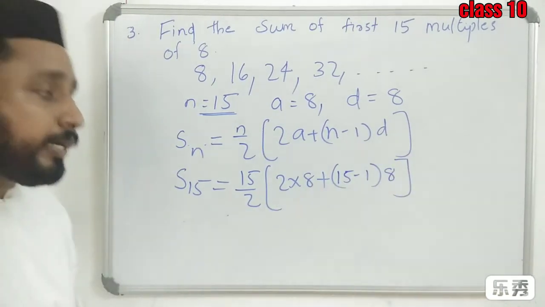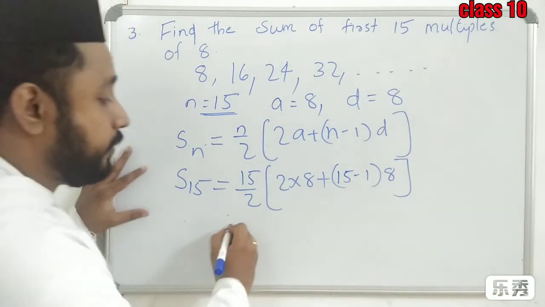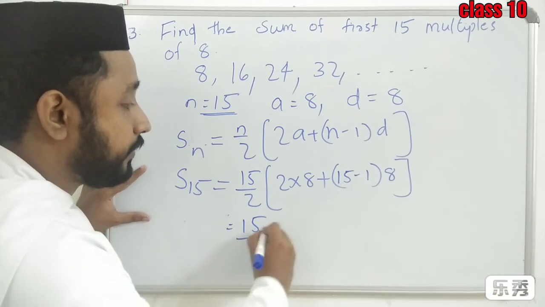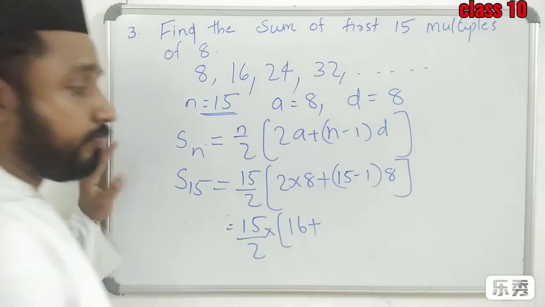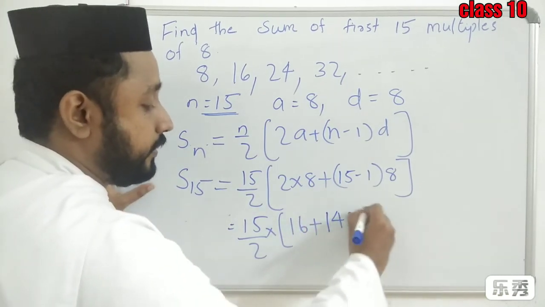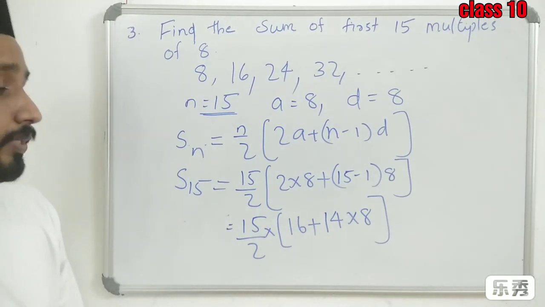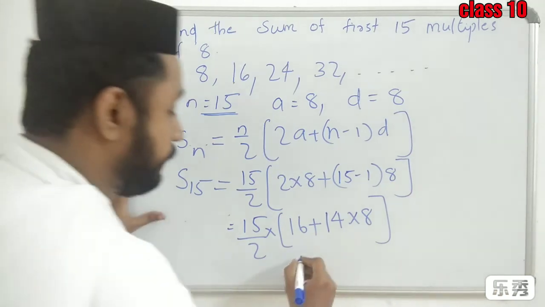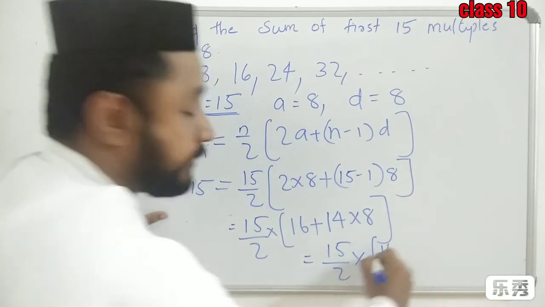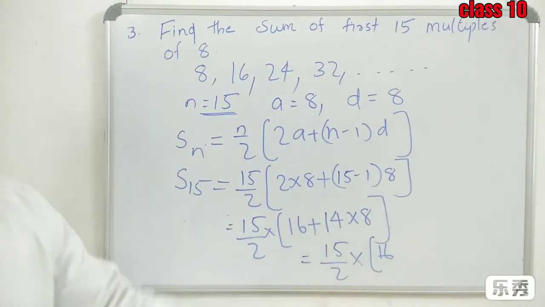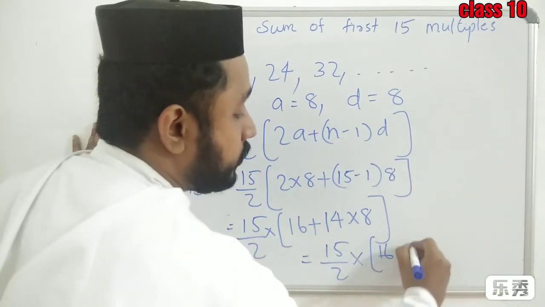So 15 by 2 into 2 into 8, that is 16, plus 15 minus 1, that is 14, into 8. 14 into 8 is equal to 112.